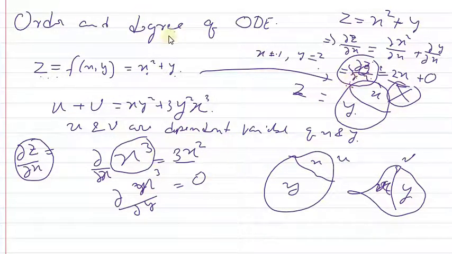I have seen that lots of students differentiate this type of equation wrongly. For example, z equal to xy plus y cube plus 3x squared.